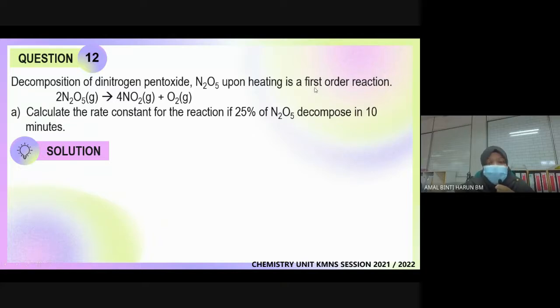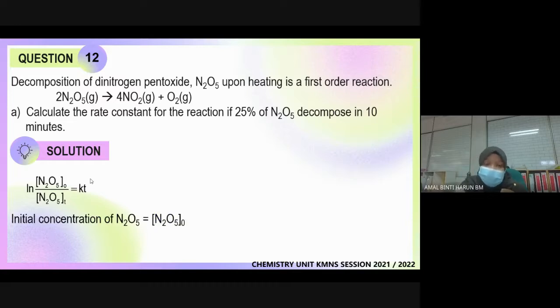So we are using the first order integrated rate equation, which is ln [N2O5] initial minus ln [N2O5] after 10 minutes equal to kt. And then after we rearrange, ln initial minus ln final is equal to ln initial over final, right? Okay, that is mathematics. Just substitute. Initially, it is 100%.